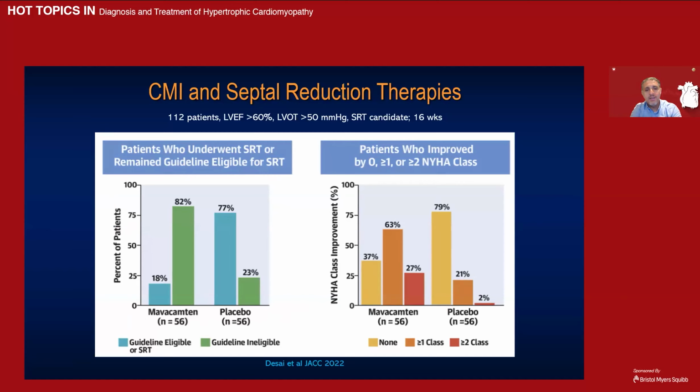And that was the essence of the VALOR-HCM study that showed patients who are treated with mavacamten are more likely not to meet criteria for septal reduction therapy, meaning that if you have a patient who is symptomatic, you can avoid the need to refer them for septal reduction therapies, whether we're talking about myectomy or alcohol septal ablation, which brings up to discussion the role of septal reduction therapies in the CMI era.